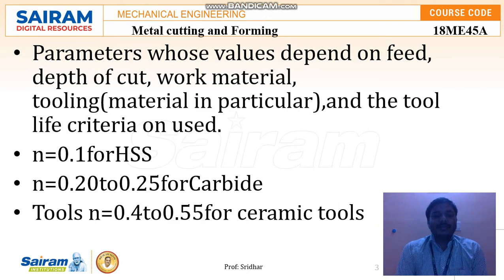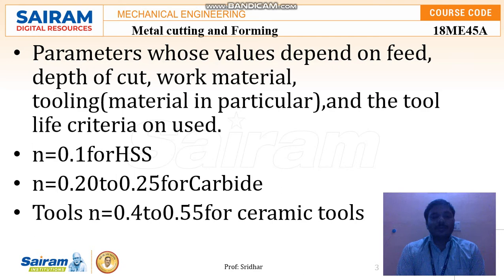For example, n is the indexing constant in Taylor's tool life equation. For high speed steels, n starts from 0.1. Similarly, when using a carbide tool, the tool index varies from 0.2 to 0.25.